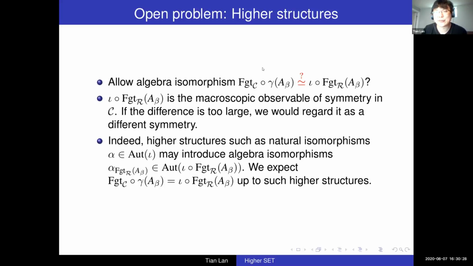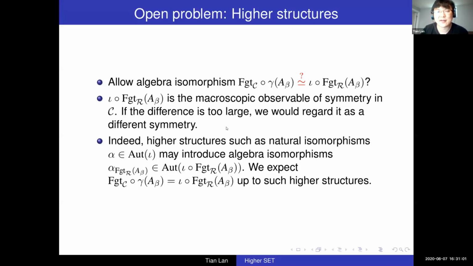So for example, if you consider a Z2 symmetry, the two Z2 charges may mean different things physically. Maybe one is the rotation, and the other one is spin flip, and although algebraically they are isomorphic as groups, physically you cannot permute these two symmetries. So we really want some almost identity isomorphisms here.